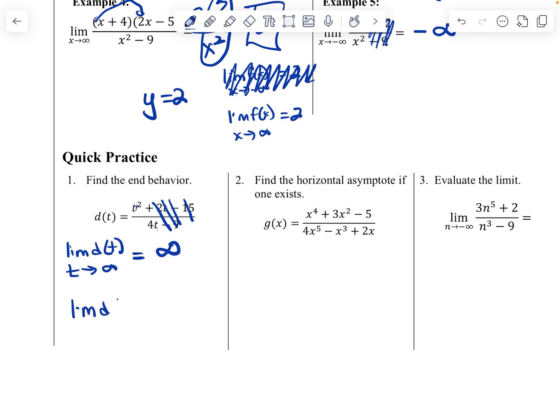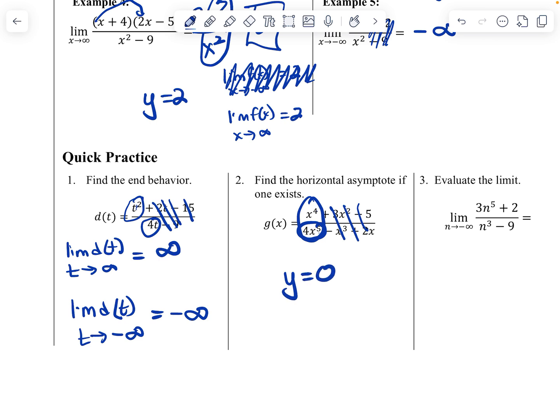But then we have the limit of d of t as t goes to negative infinity. This one would be positive, but 4 times a negative is negative, so that would go to negative infinity. For the horizontal, the top is less than the bottom, so the bottom gets a lot bigger, so our horizontal would be at y equals 0.